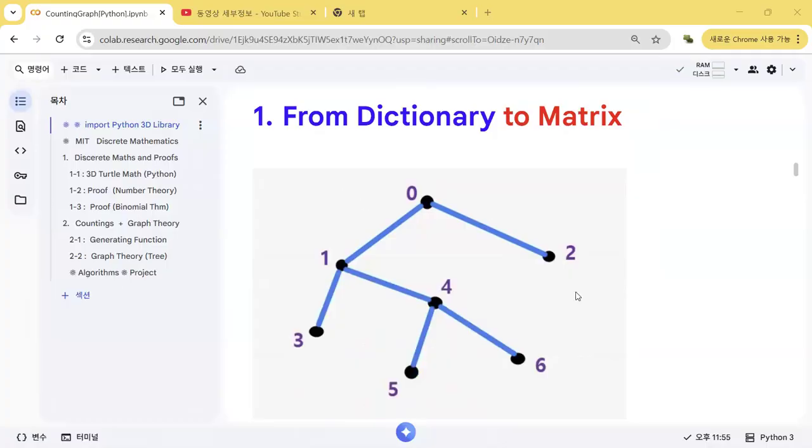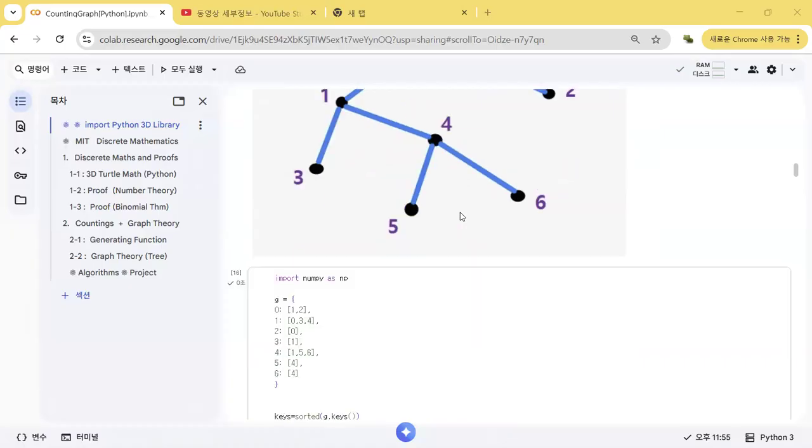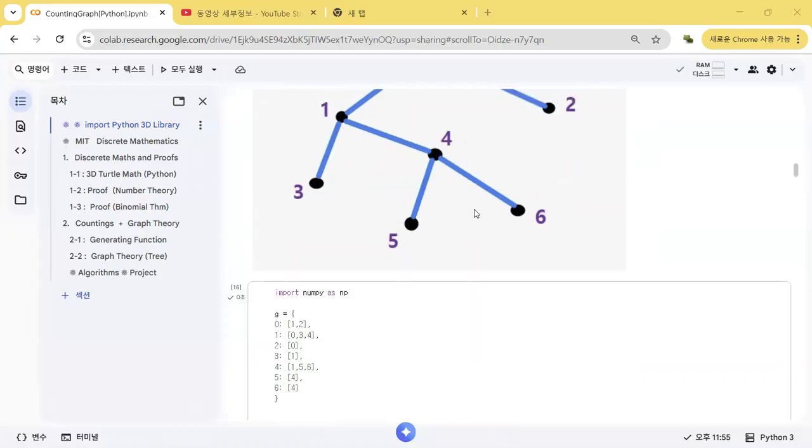So suppose we have this kind of graph. How can you represent this one in terms of a dictionary and a matrix? So suppose from here, there is a zero over there, like this. And then, first of all, the dictionary representation: let's use the letter G to represent this graph.